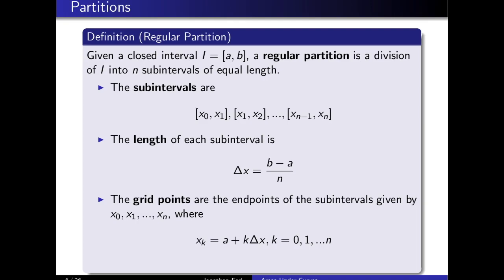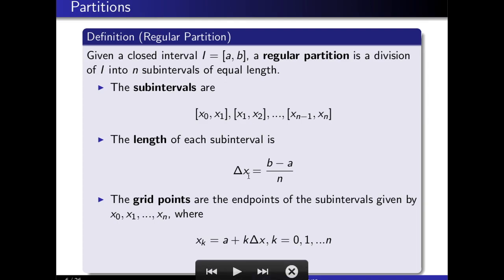Okay, so what we've really done is partition the interval in question, in the first case, into just two subintervals. We've taken the interval 0 to 1 and split it into the subintervals 0 to 1/2 and 1/2 to 1. When we have what's called a regular partition, all of our subintervals have the same length.